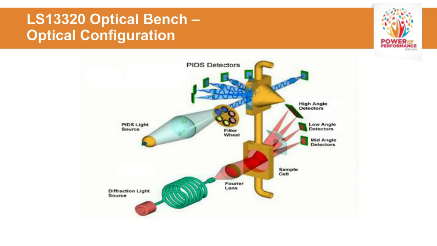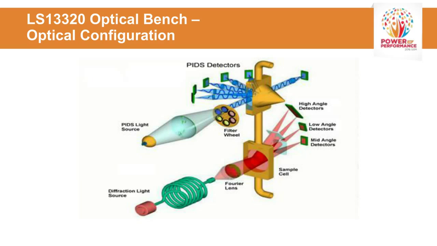I'm not going to go into details of what PIDS is all about during this lecture, but suffice to say this allows for the low-end measurement below half a micron, 0.4 of a micron, and down to 17 nanometers, for very accurate and very high resolution measurements down in that region.